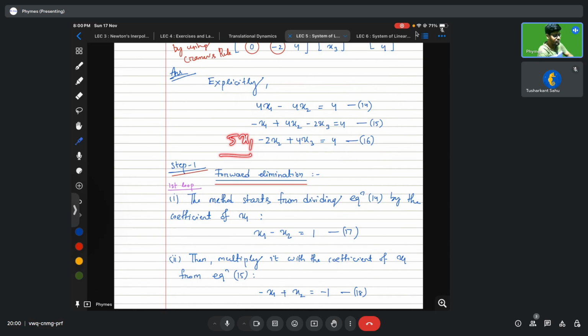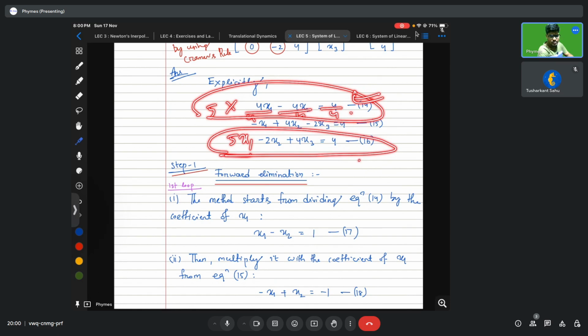First divide this equation by 4, then multiply this equation with 5, and finally subtract this modified equation from this equation 16, and then you will eliminate this x1 quantity from this equation 16, right?